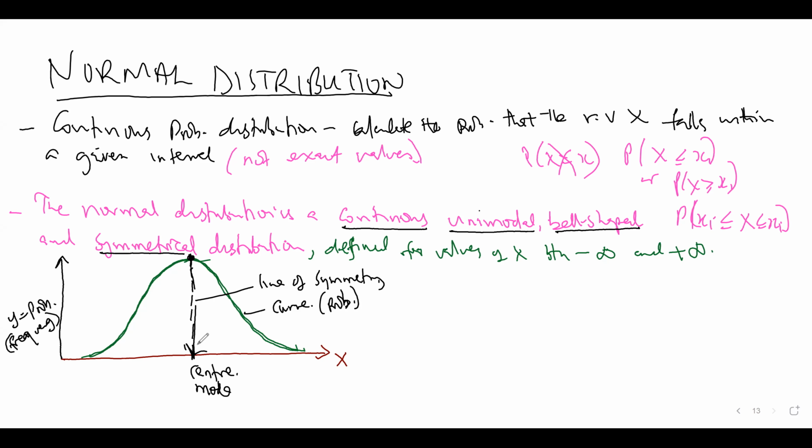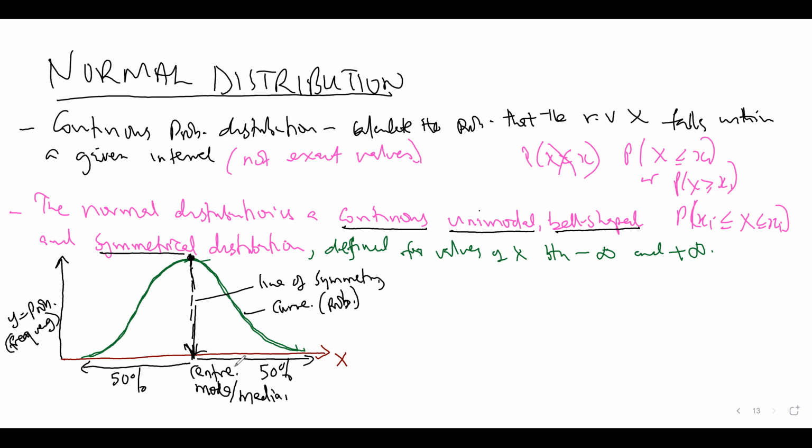And because this is the center, this is half of the distribution, 50% of the distribution, and this is also 50% of the distribution. Then, in addition to being the mode, it's also the median.